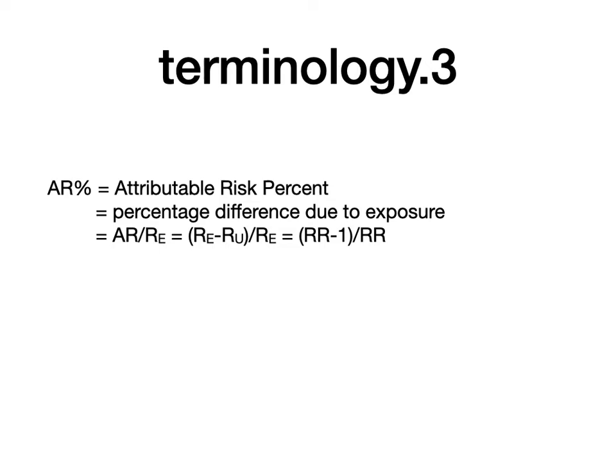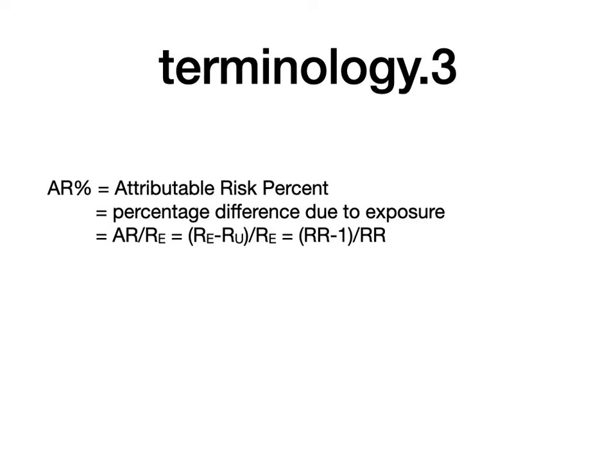More terminology. Attributable risk percent. So now we're stepping forward one more little half step. This is the percentage difference in risk that is due to exposure, which is the attributable risk divided by the risk amongst the exposed.